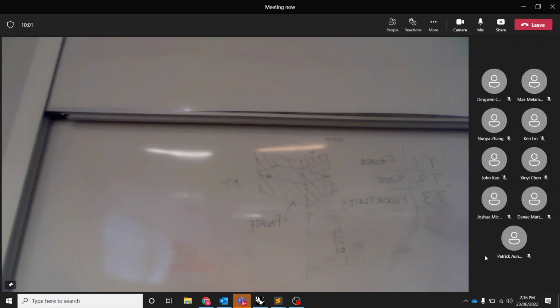And so what ends up happening for assignment 2, part 1, is that each of these team members designs the script that produces the facade, the roof, and the floor plate. But a different team member for assignment part 2 does the analysis.